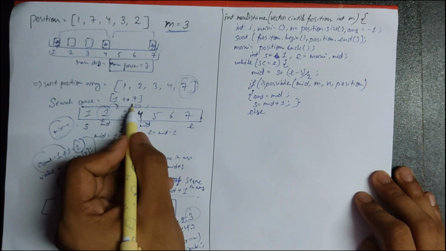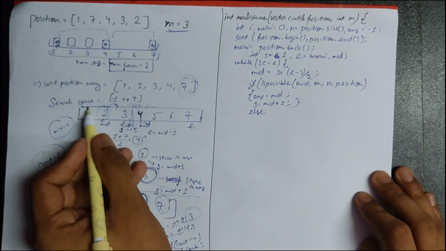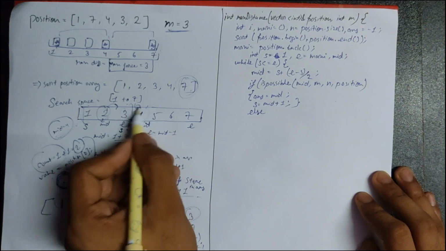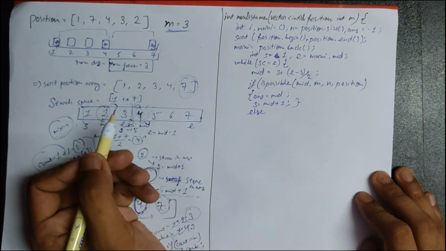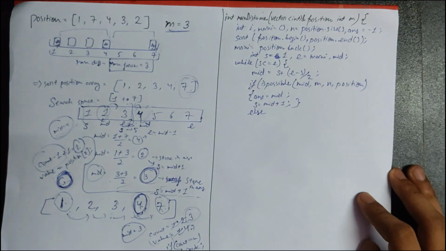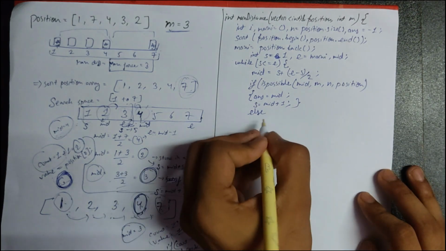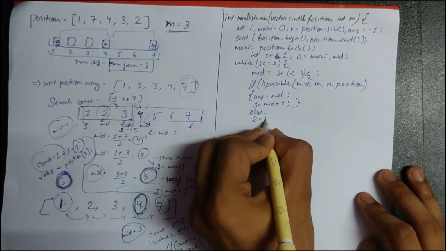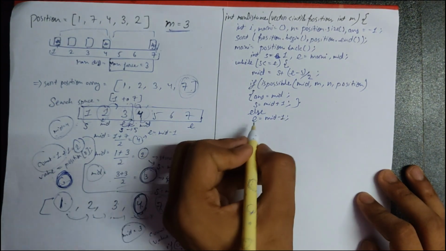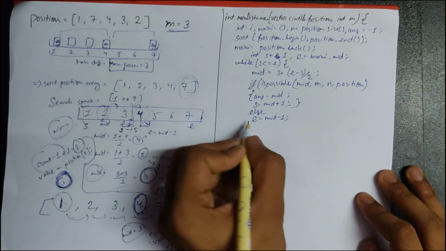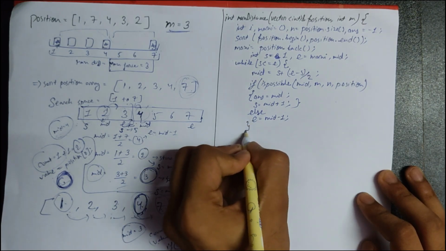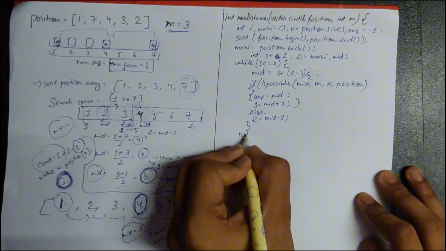We have to search in the space which is before that, because if 4 is not an answer, any of these larger values will also not be an answer. So we will search in this space, and for the else case, e will be shifted to mid minus 1. Okay, and after this we will simply return our answer after the whole while loop execution.